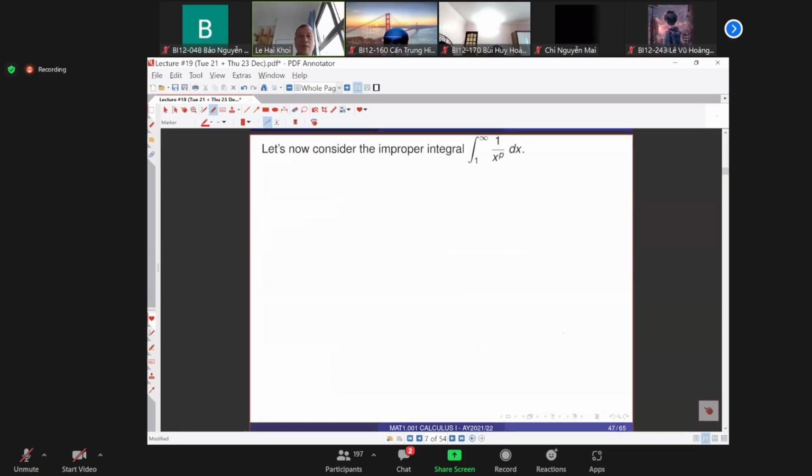Now we have a very important improper integral. You should learn it by heart. Together with that, in the next lecture we have a similar series: the sum of 1 over x to the power p.